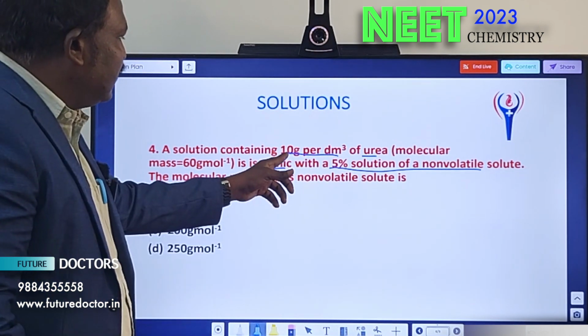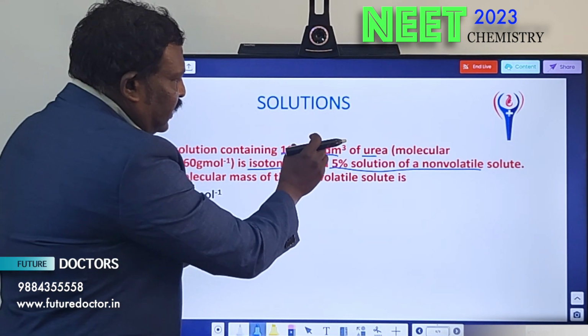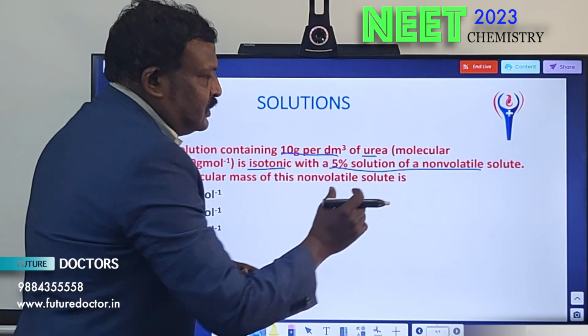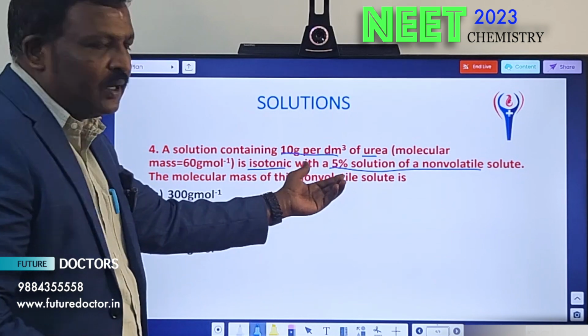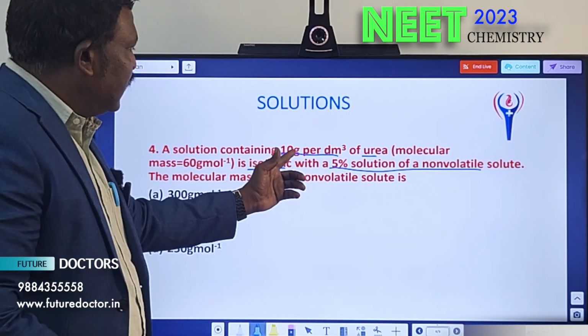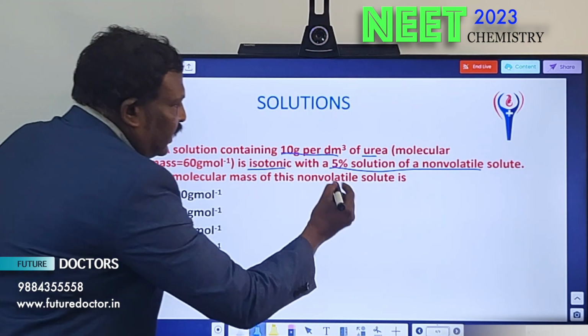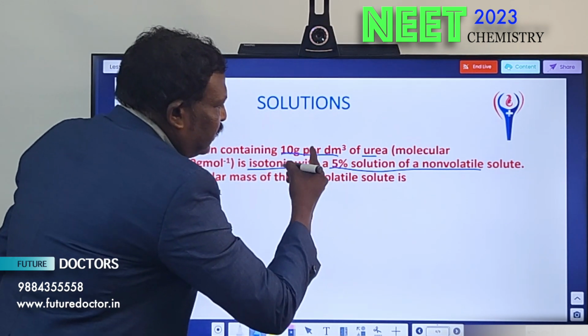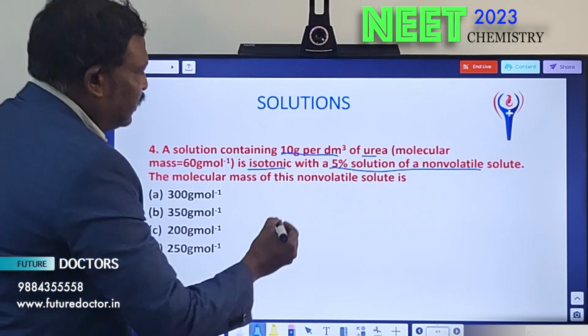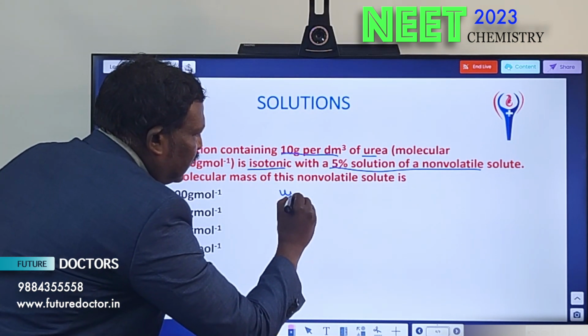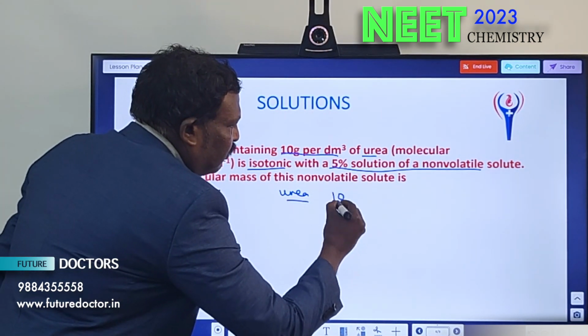See, 10 gram in 1 liter. Urea concentration and non-volatile concentration we have to compare. Then after that we can find out the molecular mass of the non-volatile. So 10 gram in 1 liter means the concentration. What's the concentration formula? For urea, concentration is mass by molar mass.